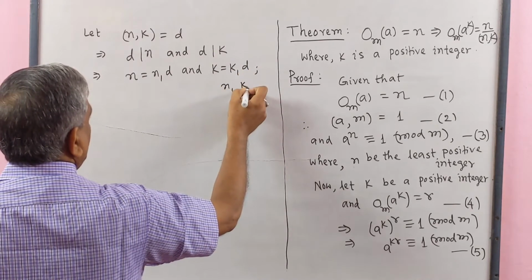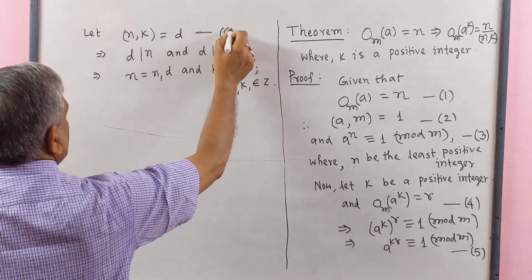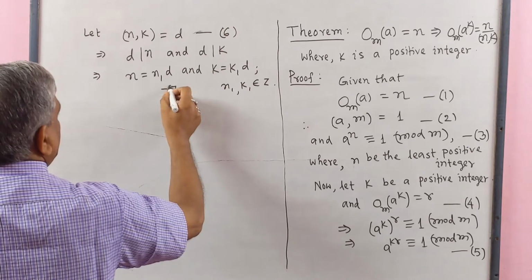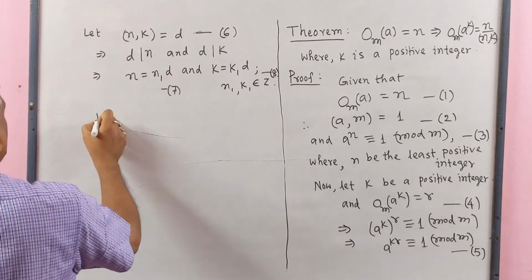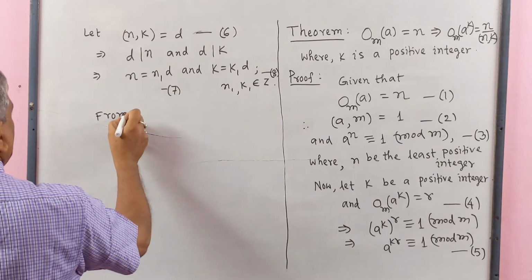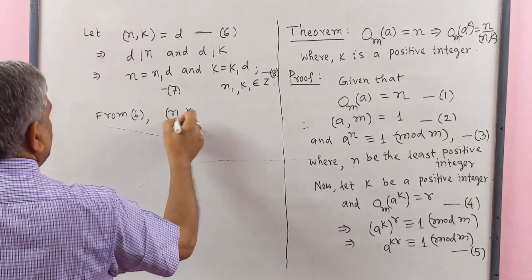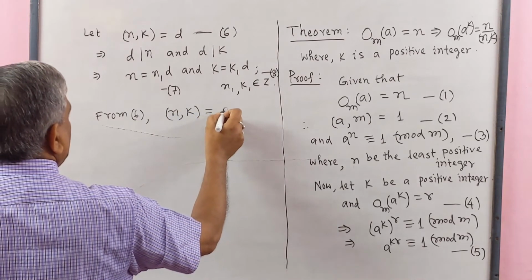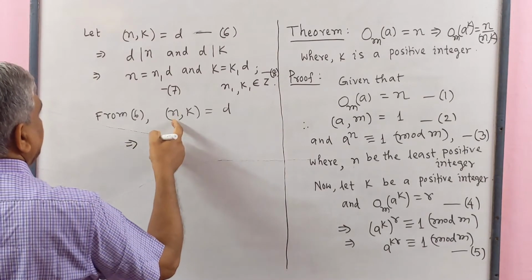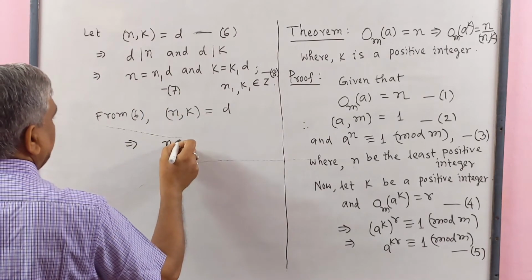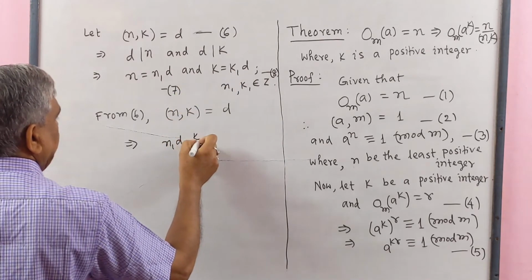n1, k1 are integers. Let this be number 6, this is number 7 and this is number 8. From 6, GCD of n and k equal to d implies that n equal to n1d and k equal to k1d.